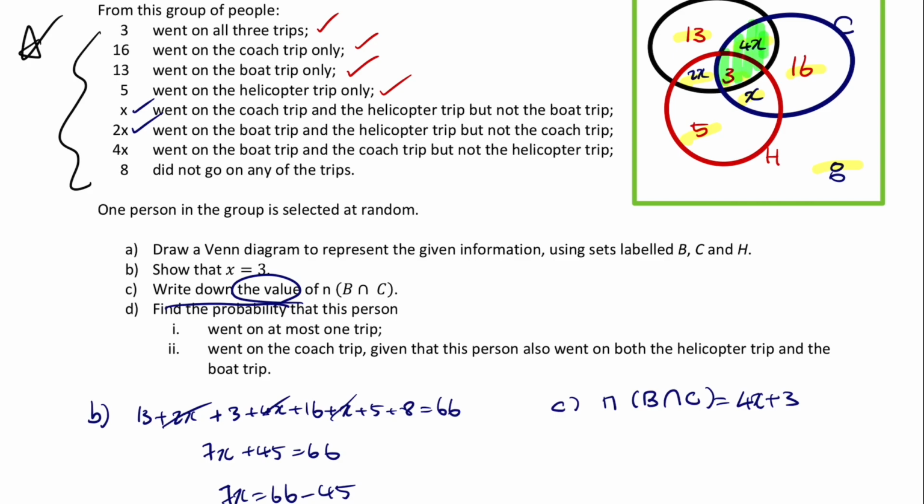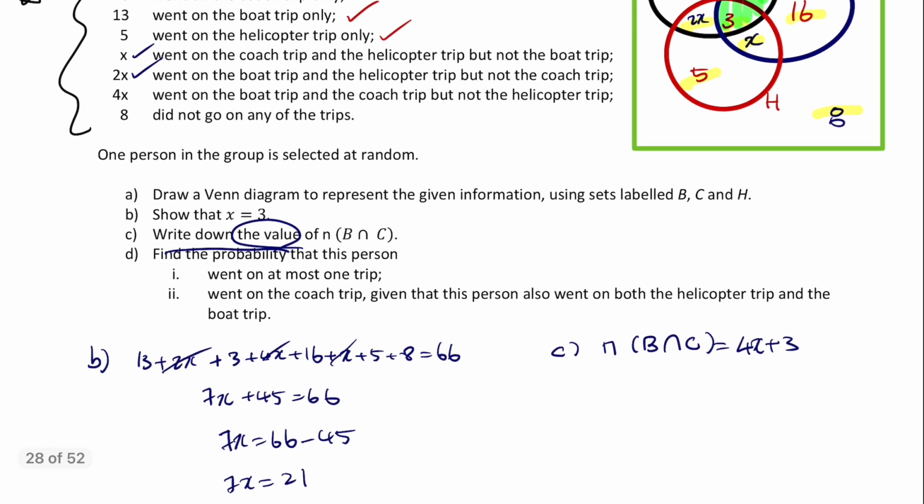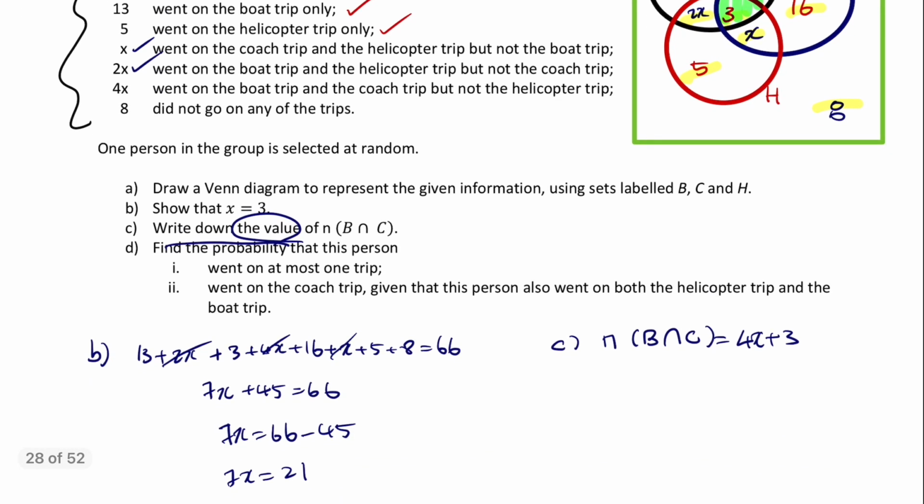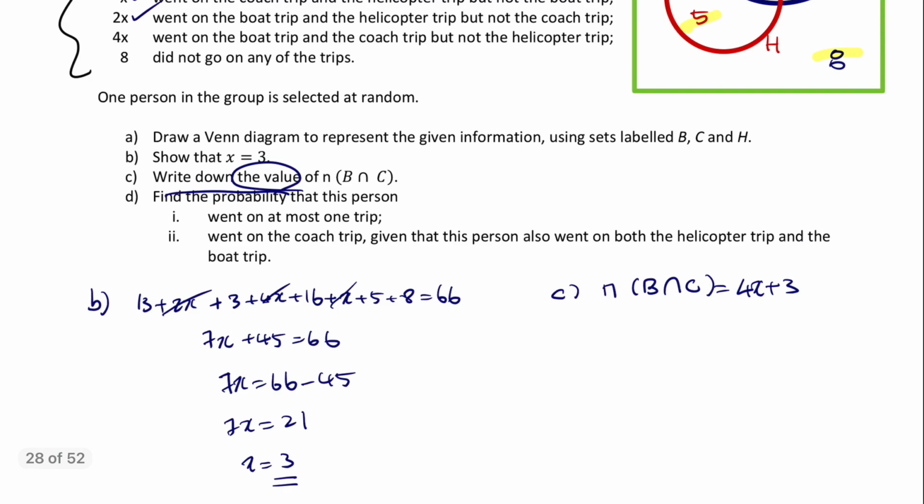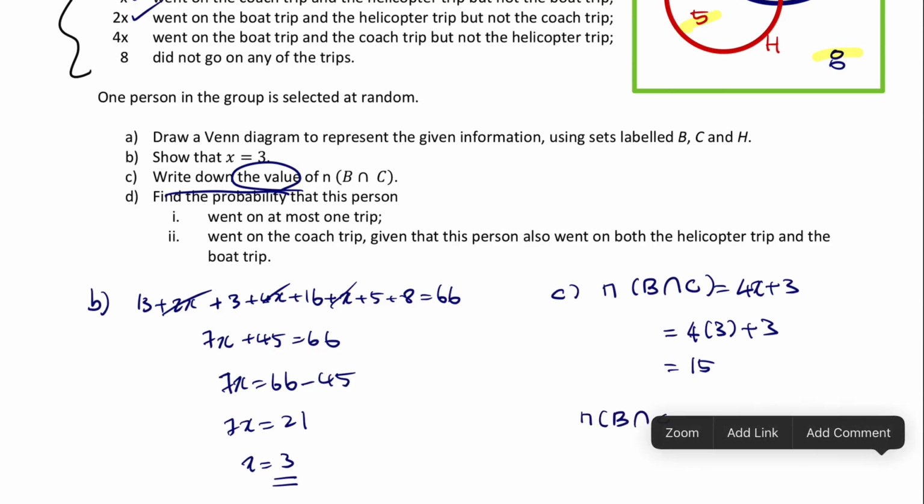That's the reason it is 4x plus 3. Since we know the x value is 3 from question B, we can simply substitute 3 into x. Then we get 15. So n of B intersect C is equal to 15.